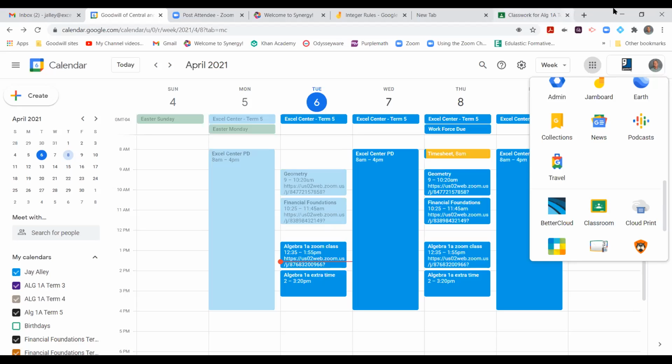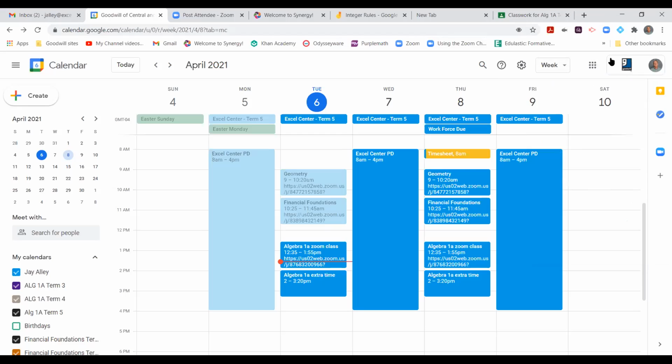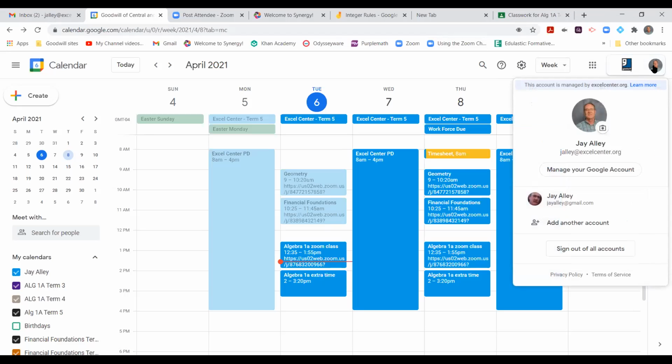So if you're not sure how to bounce around or go between one of these apps and another, it's all up here with these 9 dots, and then make sure that you're logged in with the correct account. Now, if you have more than one Google account, like I have like 5, you can add as many accounts as you want to in here. See, I have my primary personal one in here too, because that's what I use to log in as a separate person, sometimes on a Zoom account.